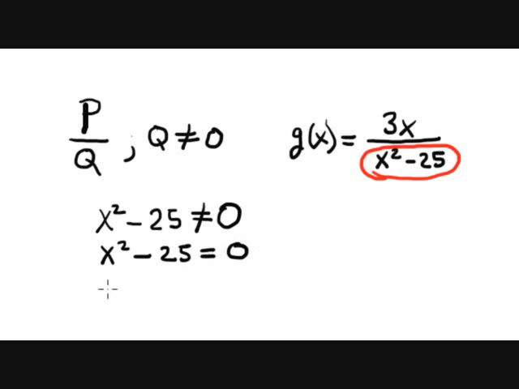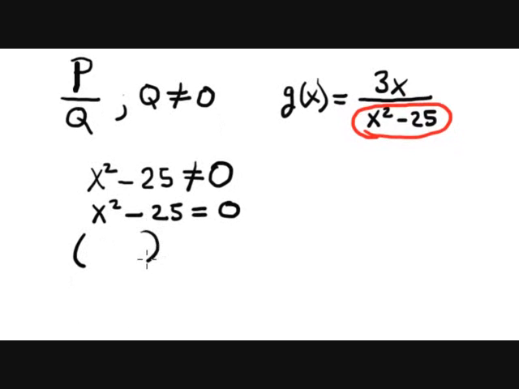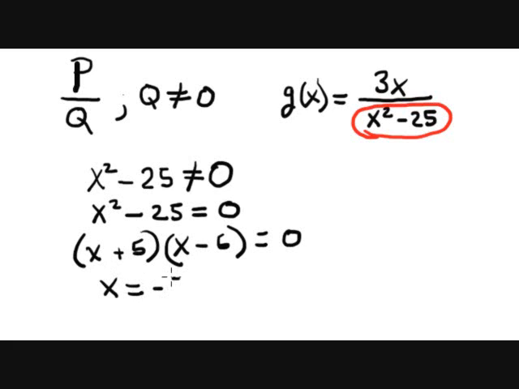and solve this equation. Apply difference of squares: (x - 5)(x + 5) equal to 0. Therefore, the solution is -5 and +5.